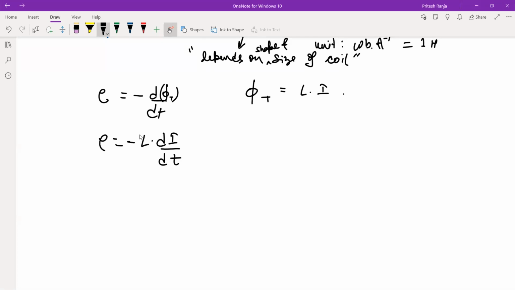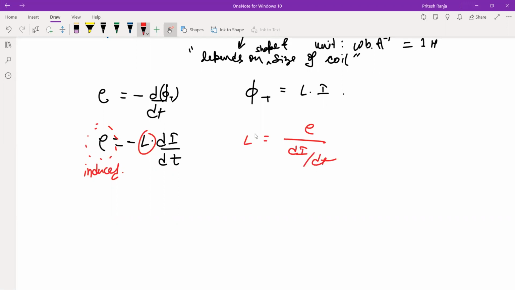So what does this suggest? That the EMF, this is the induced EMF, is in the opposite direction of current, which is growing. And here it gives us another unit for self-inductance, that is E by di by dt.